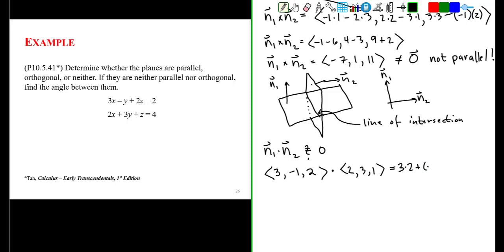Add it to the product of the y component, which is minus 1 times 3. Add it to the product of the z component, which is 2 times 1. The dot product is 6 minus 3 plus 2, which evaluates to 5.